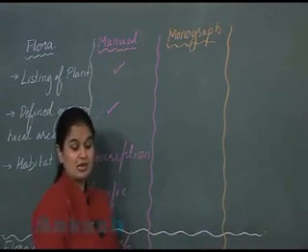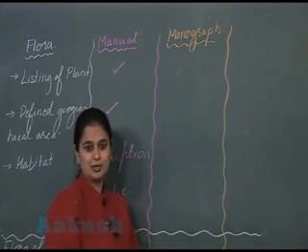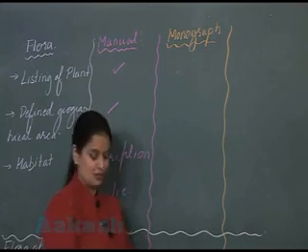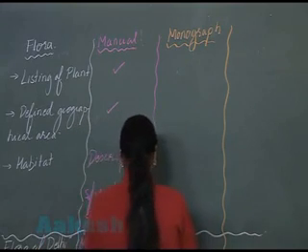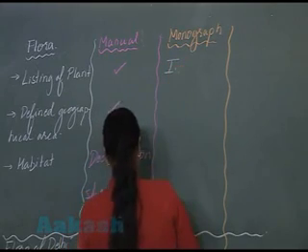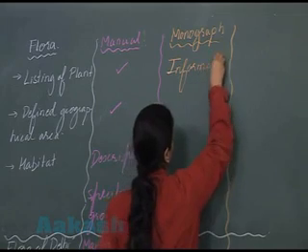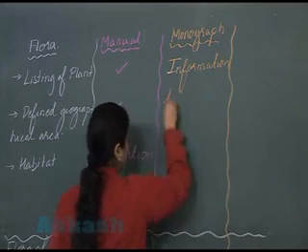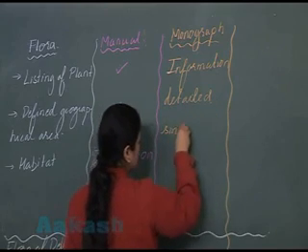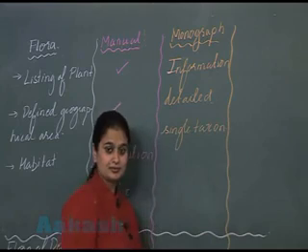Mono means single. So it gives information about a single group. It gives information about a single taxon. It gives detailed information about a single group, single taxon.